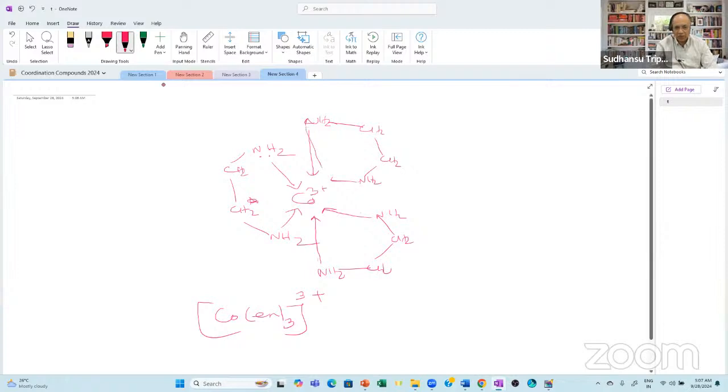Now these two bonds are lying one above, one below, and these four are lying at the four corners of a square. So if you draw the outline, you will find an octahedral figure coming up.